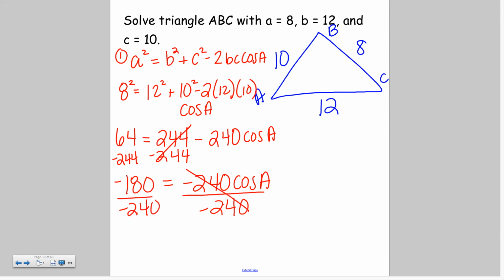That gives us 3/4, or 0.75, either one, equals the cosine of A. So now we're still trying to find an angle, so we're going to take the inverse. So cosine of -1 of 0.75.